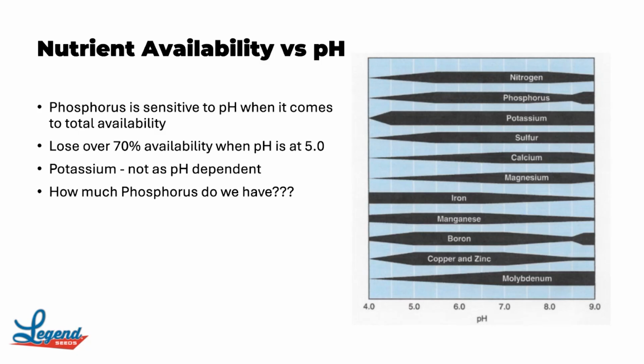When you're at a 5.0 pH, you're losing 70% of the available phosphorus in the soil profile. Versus if you crank that up to a 6.5, 7, whether through lime or just finding different ground, that pH is, like Dan said, very, very critical, especially for phosphorus, just with the interactions.